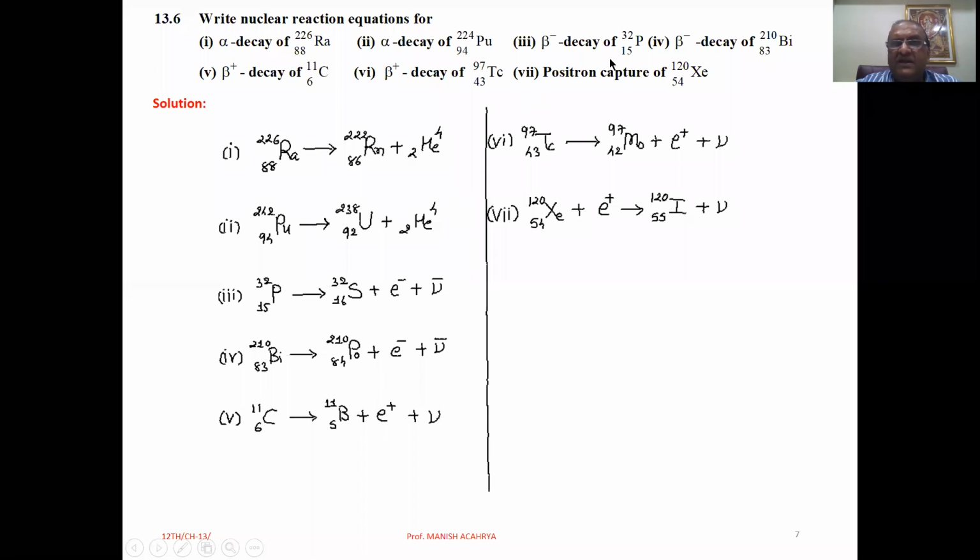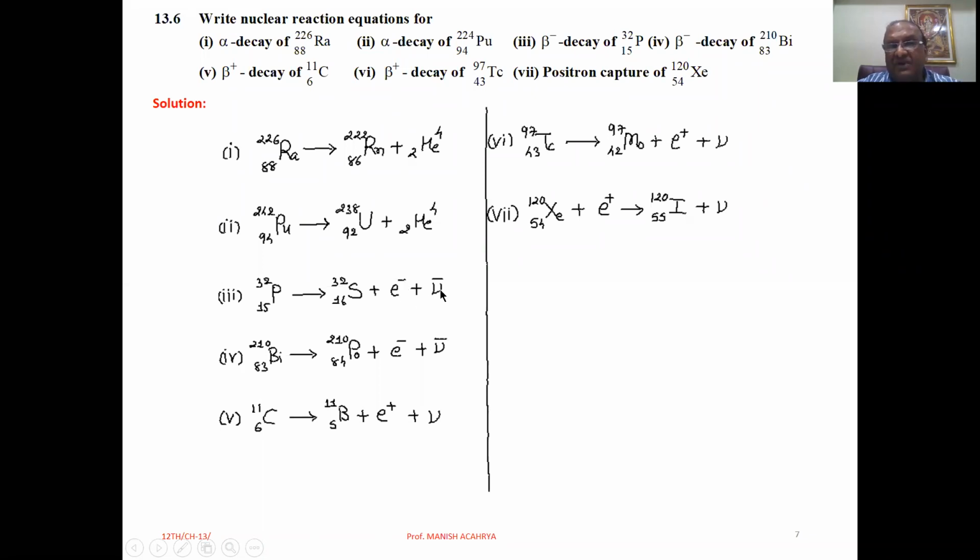Third one, beta minus decay of 15 P 32, and the same type, beta minus decay of 83 Bi 210. Now beta minus itself is the electron, so when beta minus decay takes place, the Z value for the daughter nuclei will be increased by 1, but A will remain the same. So 15 P 32, the daughter nuclei will be 16 S 32, A remains the same, Z is increased by 1, plus beta minus, and with beta minus always an anti-neutrino is emitted.